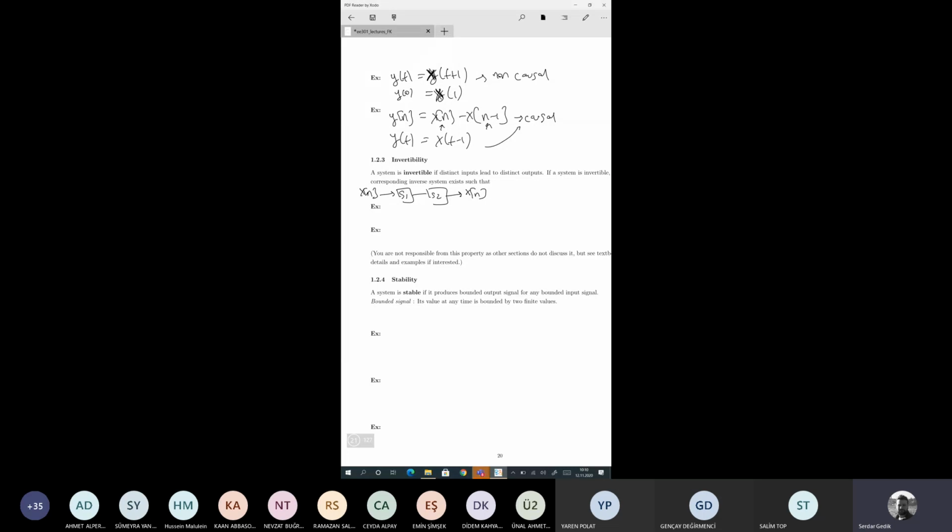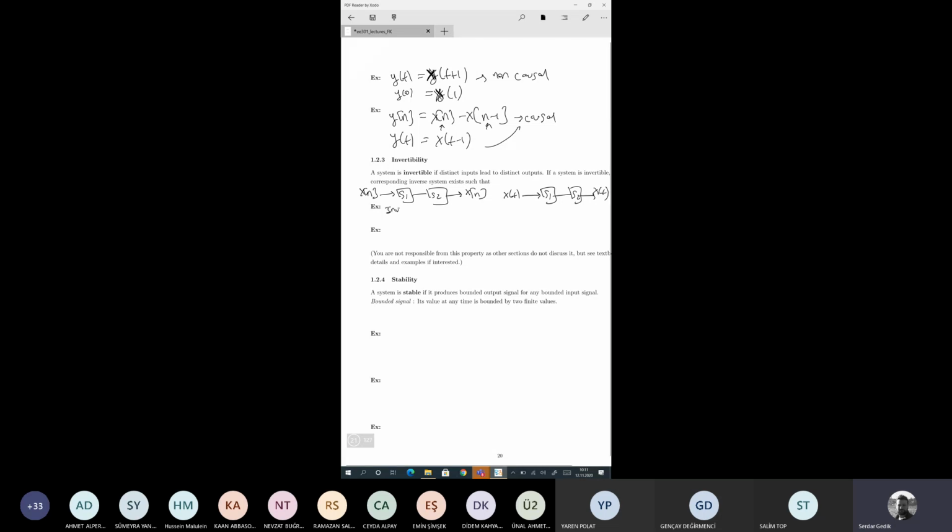So S1 and S2, when combined, are not changing my signal. In that case, S2 is the inverse of S1, or in other words, S1 is the inverse of S2. Or in the continuous case, I have this one. Again, S1 and S2 are inverses of each other. So S1 is an invertible system such that S2 is the inverse.